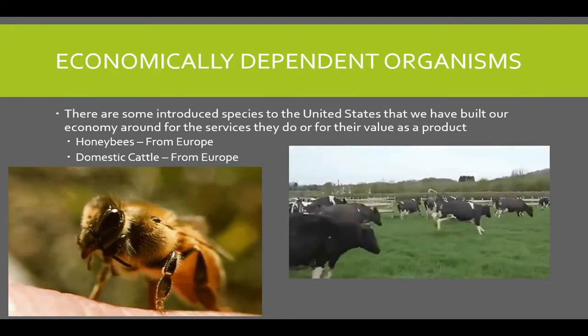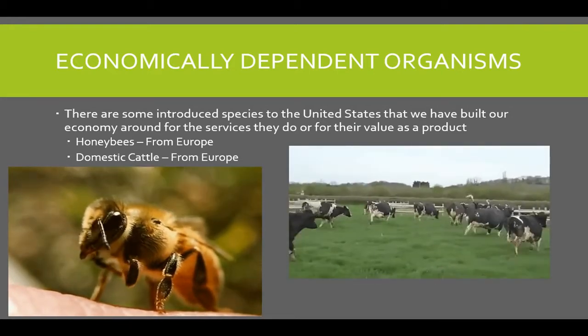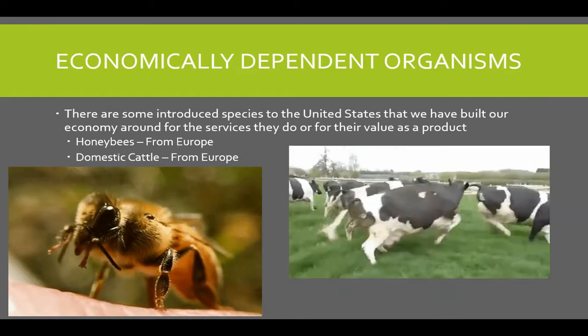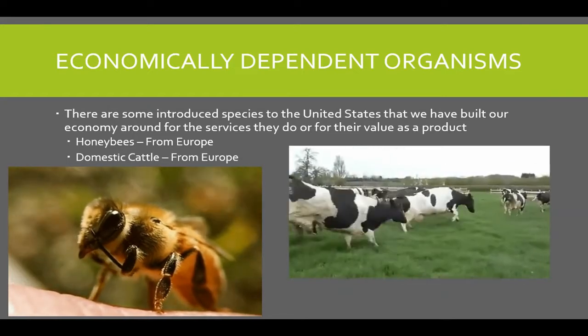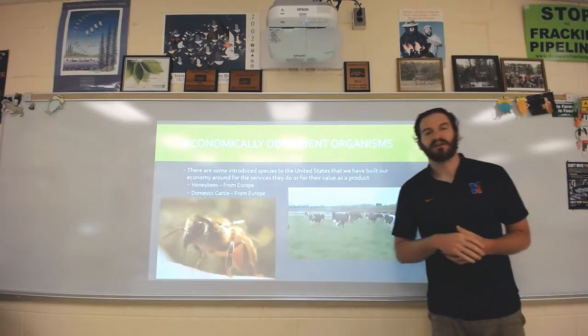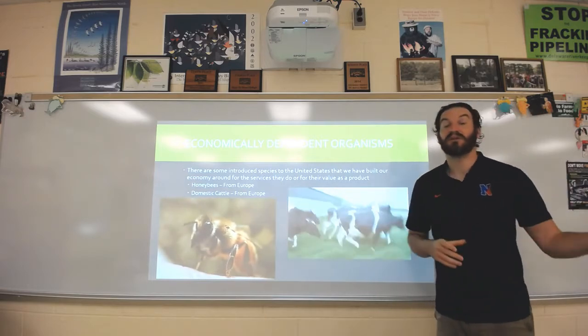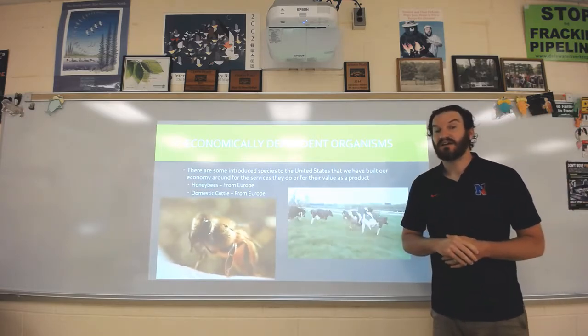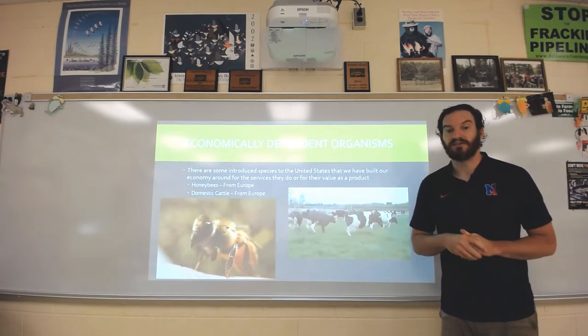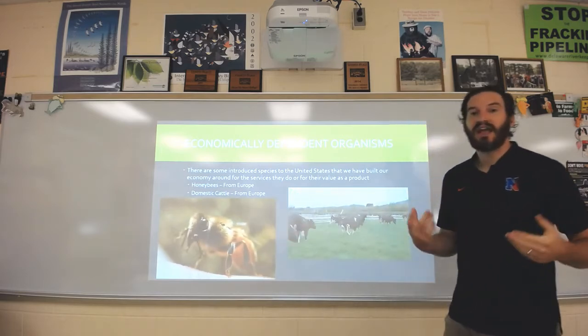There are some organisms, though, that have been introduced to our area that we have built our economy around. Things like the honeybee. The honeybee is incredibly important because we use it for pollination. If honeybees didn't exist, I'll tell you right now, a lot of people would be starving in the United States. Another one would be our cattle.